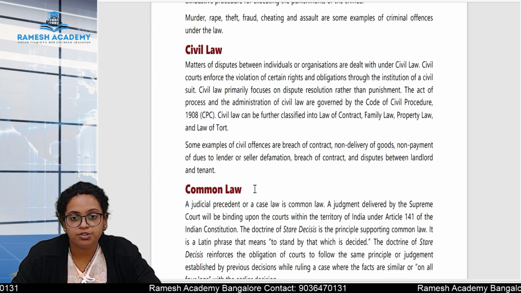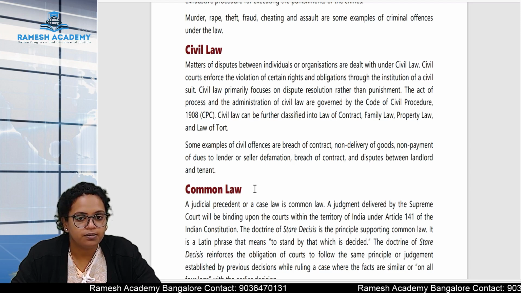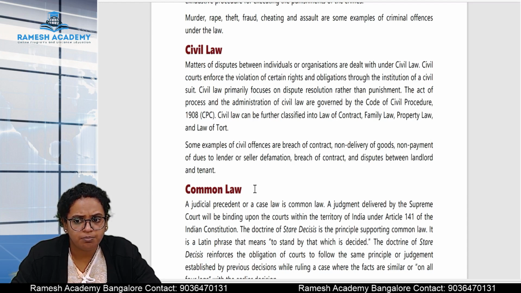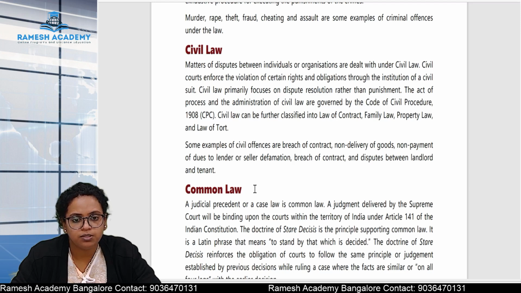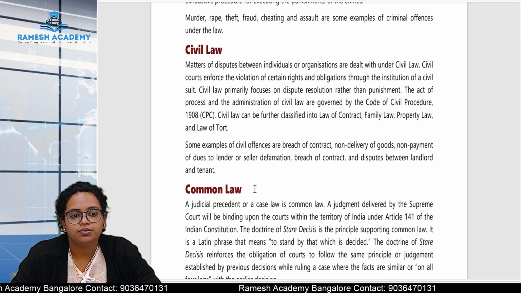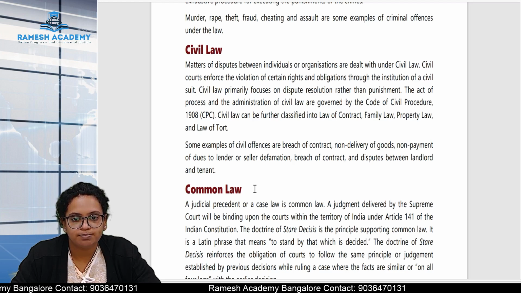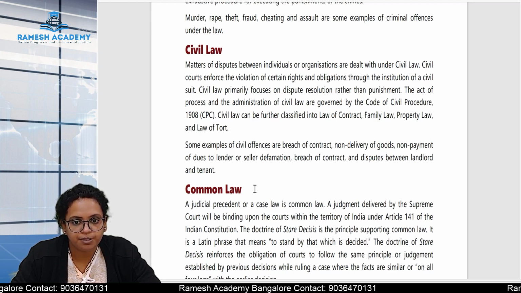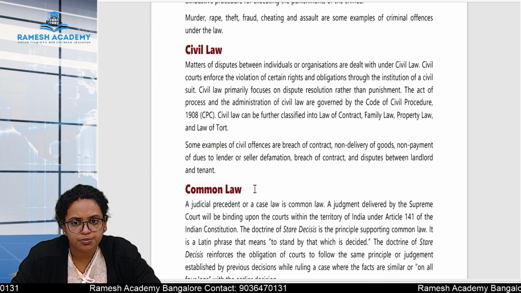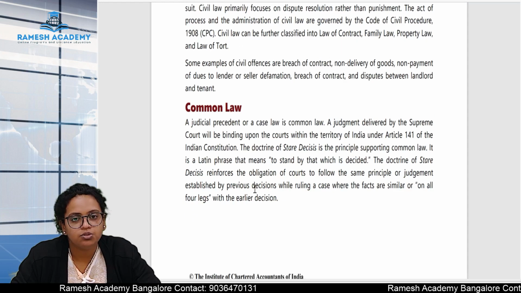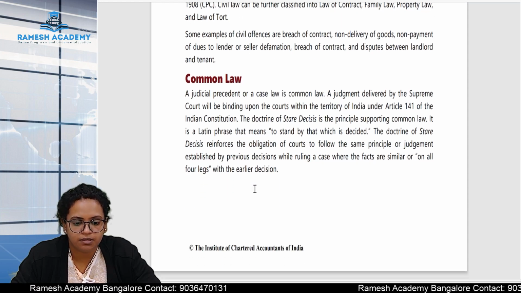What is defamation? The name of that person has been defamed, so you don't respect that person or you defame that person, then it's defamation. Breach of contract, again the same, and disputes between the landlord and tenant. So all of these cases come under civil law.